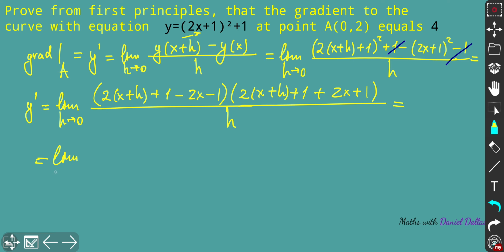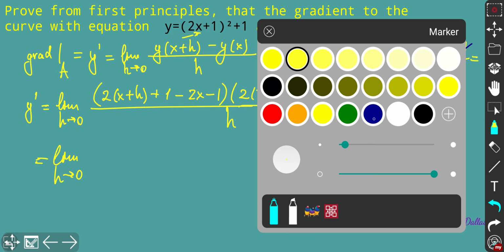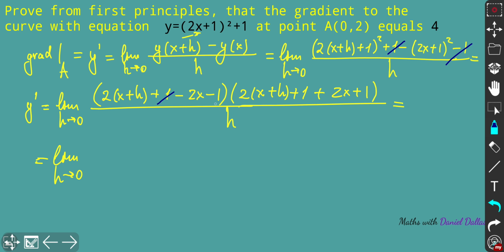This is the limit as h is small, and on top of that we can expand brackets, so 2x plus 2h, so the 1 will be cancelled, and 2x with that 2x will also be cancelled, so I will be left with just simply 2h from the first bracket, and I'm still multiplying here. I'll get 2x and 2x, 4x.